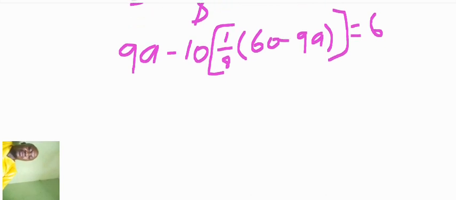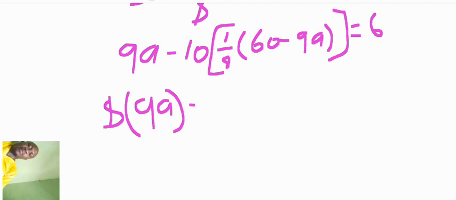So we are going to use the LCD to multiply each term to clear the fraction. And the LCD is what? 8. So we have 8 multiplying 9a minus 8 multiplying 10.